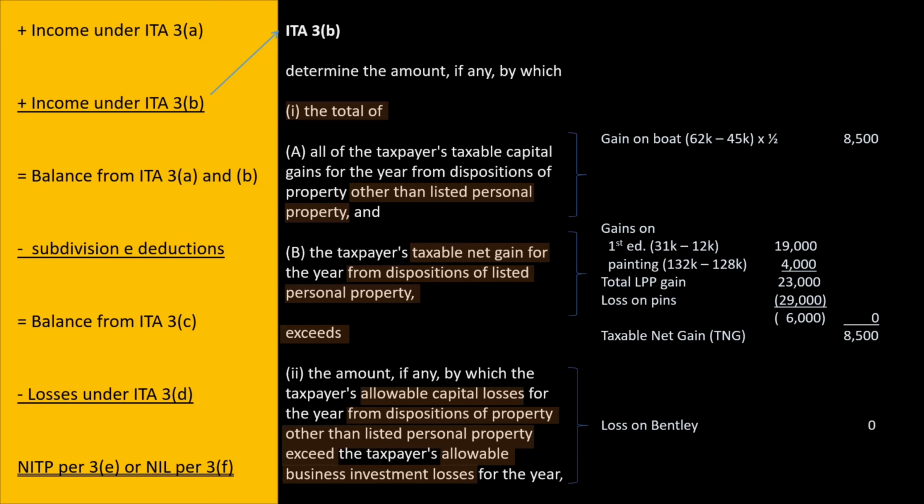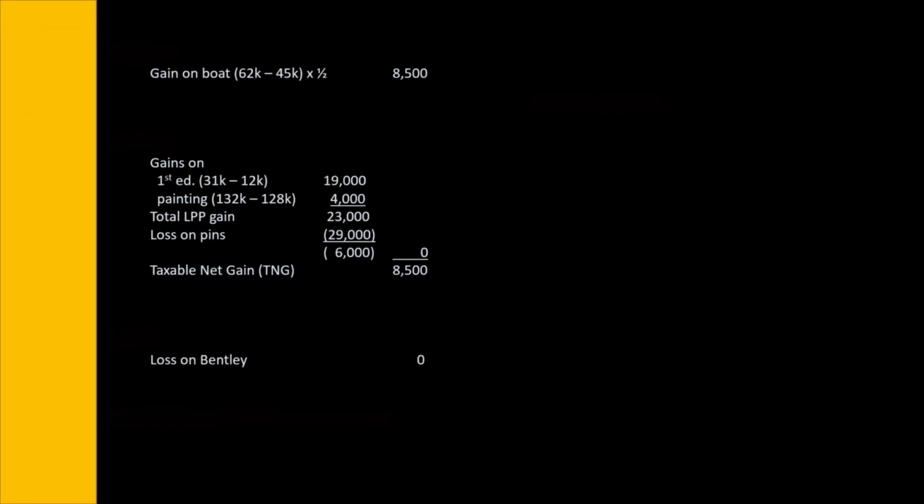Now, we haven't quite answered this entire question, nor have we addressed the requirement. The requirement asked us to use proper Section 3 formatting. So let's make some space and do that.